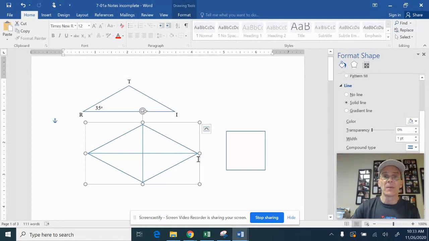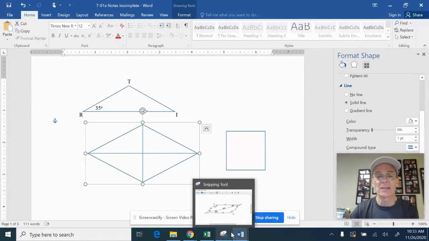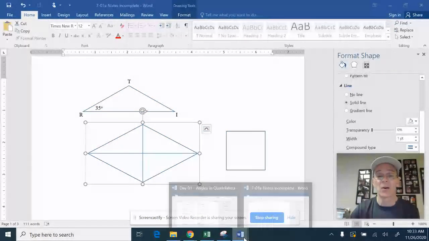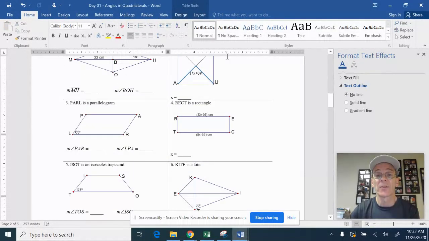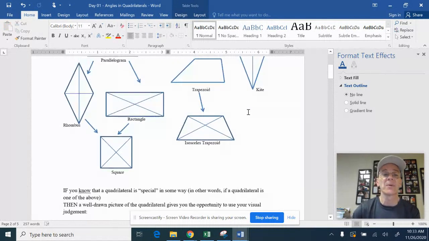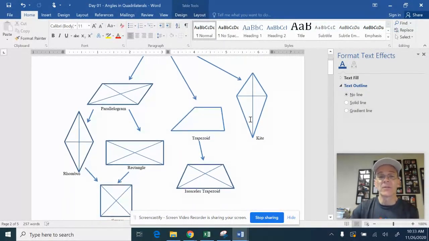And while I'm talking about all of these specially named figures, all having four sides, let's just take a quick look at what they are. Here's the homework assignment for tonight, but on the first page, here's all of these special kinds of quadrilaterals that we're going to be talking about.